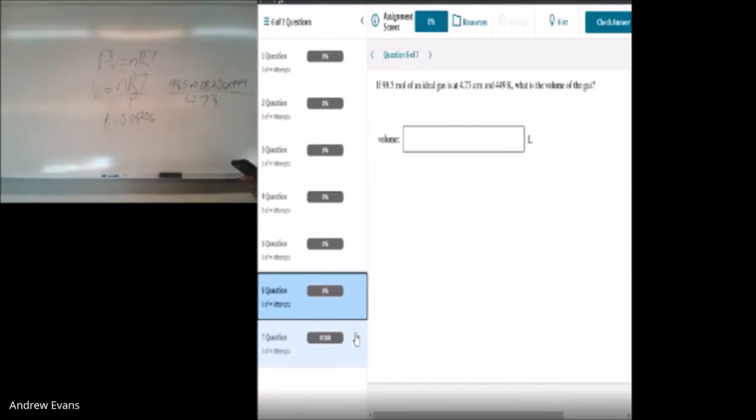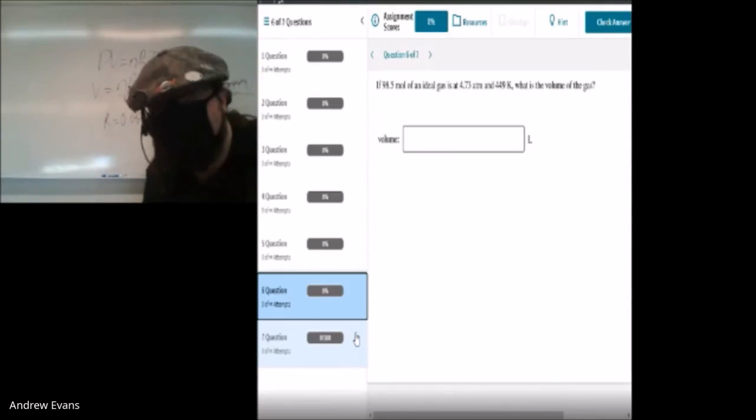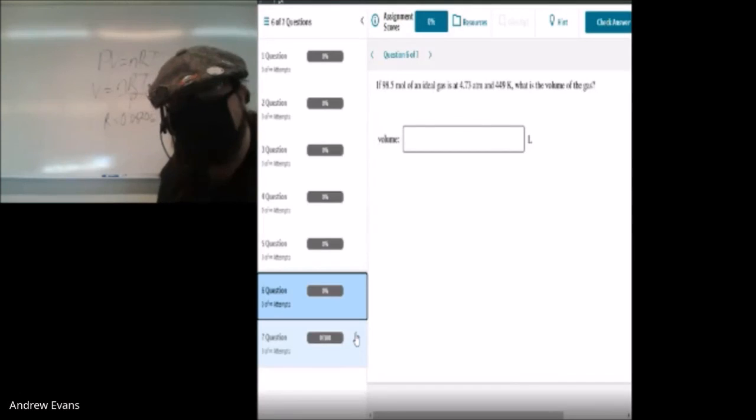What you have to do is just make sure everything is in the right units and you know what values you have. If you do that, you should be fine. So I'm getting the volume is something like 76.7 liters, which is a huge amount.